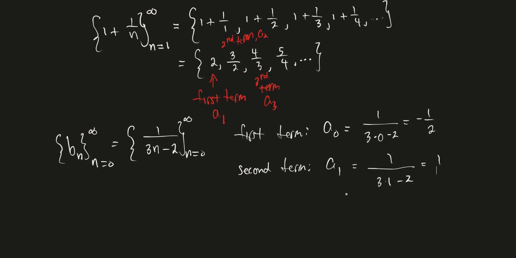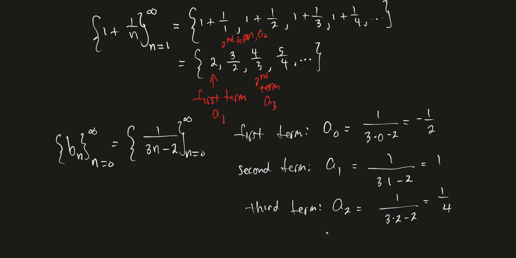And let's just do a couple other terms. So the third term in this sequence would be a sub 2, and that would correspond to 1 over 3 times 2 minus 2, so that's 1 over 6 minus 2, so that's 1/4, right? And so on.